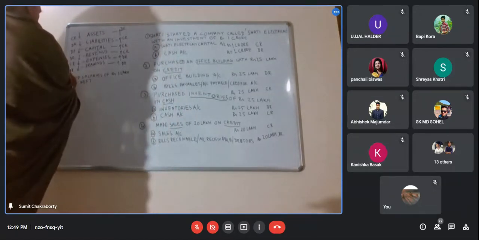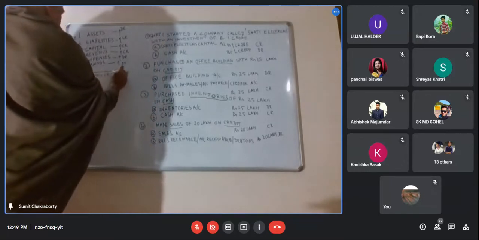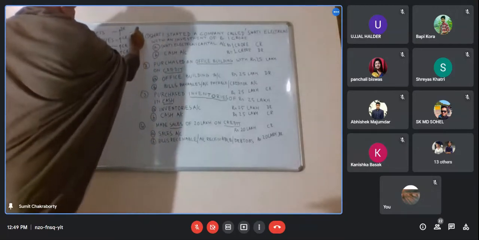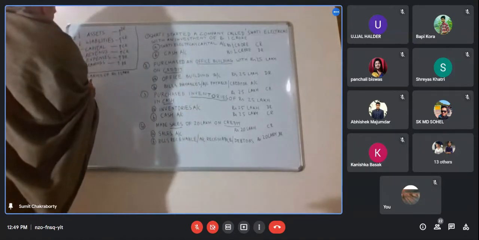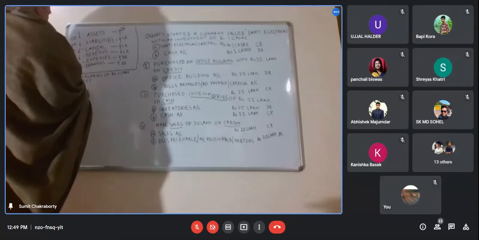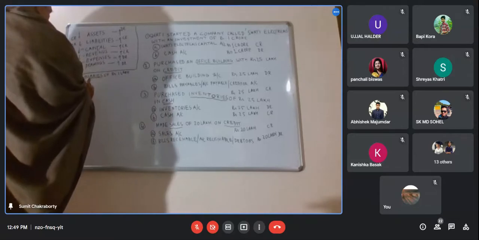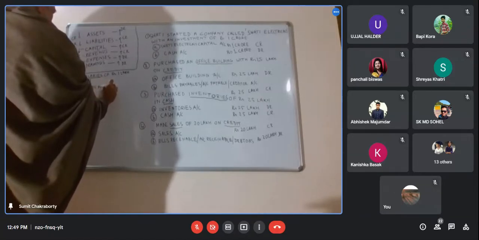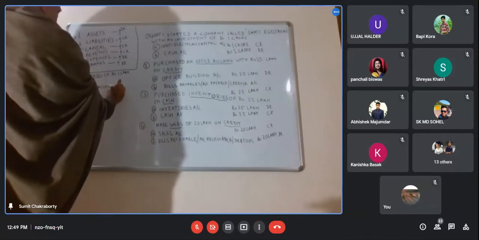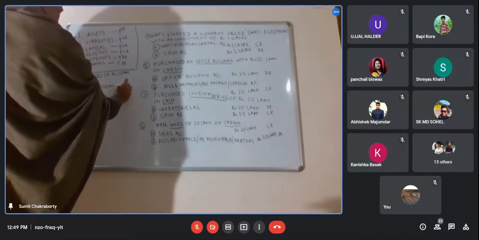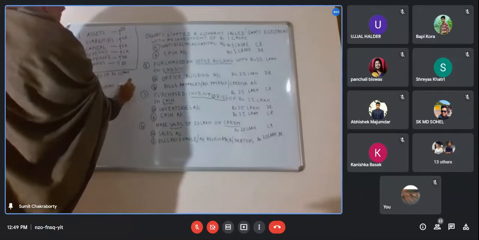Salaries account. Salary belongs to where?